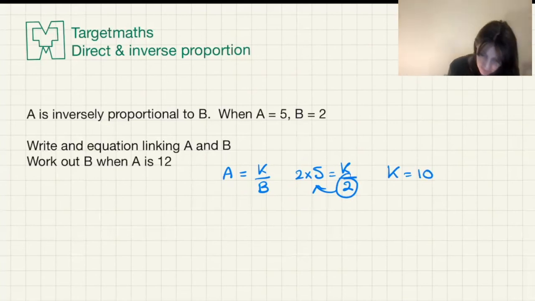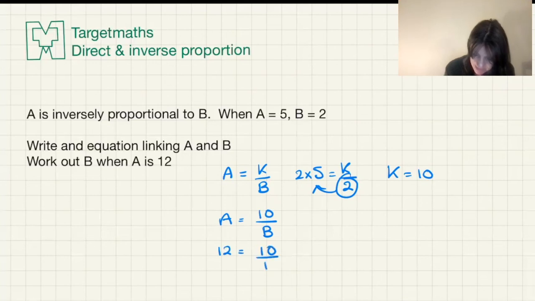I can now rewrite the equation. A is equal to 10 over B. The question is asking me to work out B when A is 12. So I'm going to replace the A with 12. I have got 10 on the top. I have got B on the bottom.